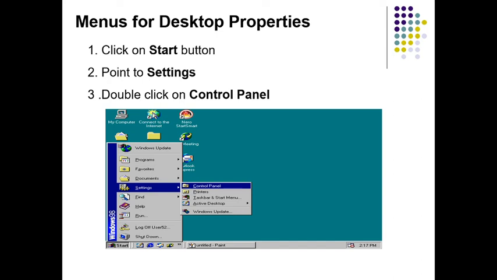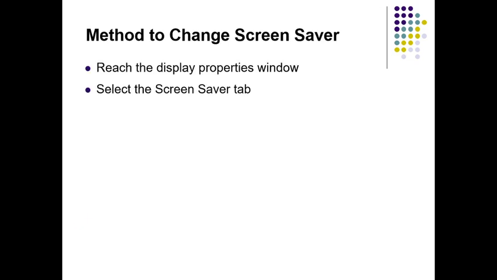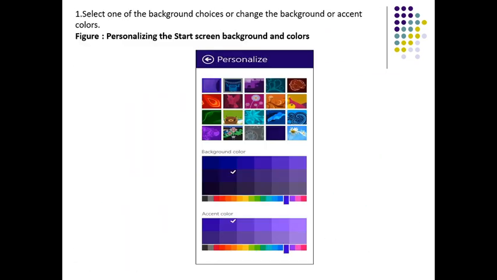I have shared the application here. We have Windows 10 operating system on this laptop, so practically I have shown you how to change the desktop properties. Okay students, so these are the topics we have discussed in today's class.